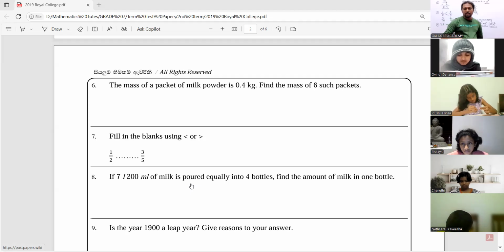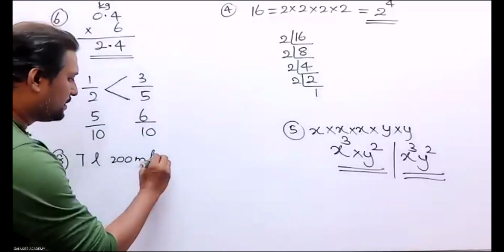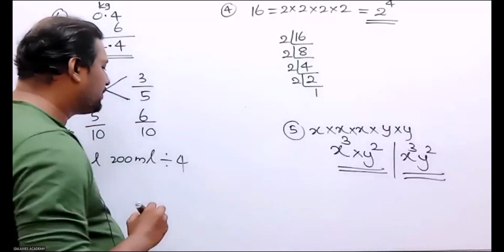Which mathematical operation you have to use? Multiplication? No, this is the total volume. Then for the total volume we have to use division, poured equally into 4 bottles. Division. This one you have to divide by 4.